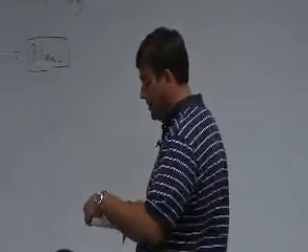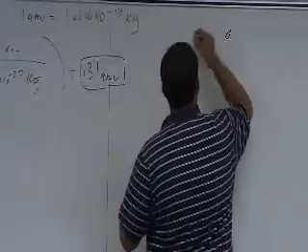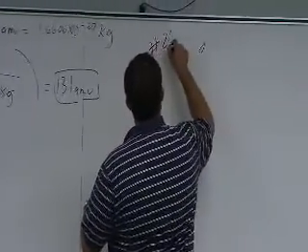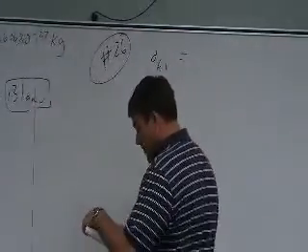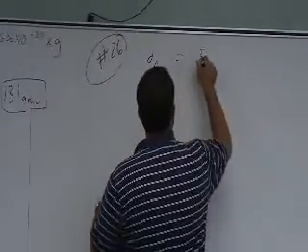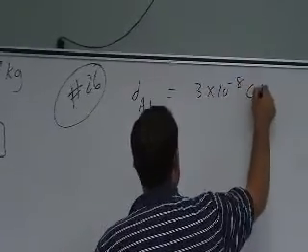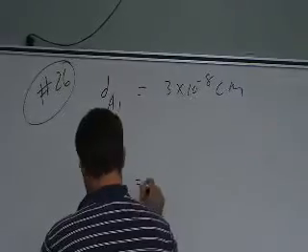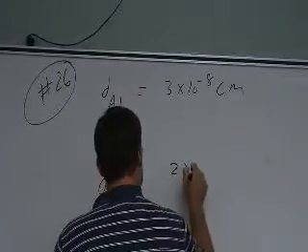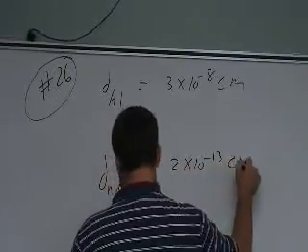Sure. Number 26. It says aluminum has an average diameter of about such and such. So, now this is number 26. All right. So the diameter of aluminum is 3 times 10 to the minus 8 centimeters. And the diameter of the nucleus is 2 times 10 to the minus 13 centimeters.